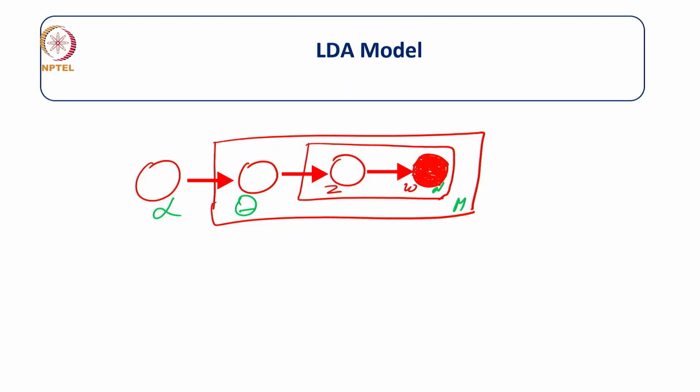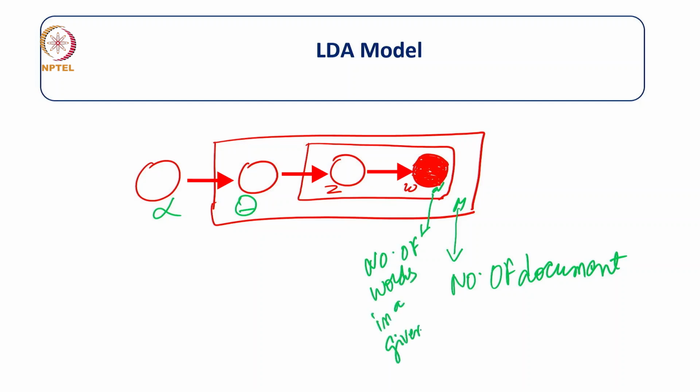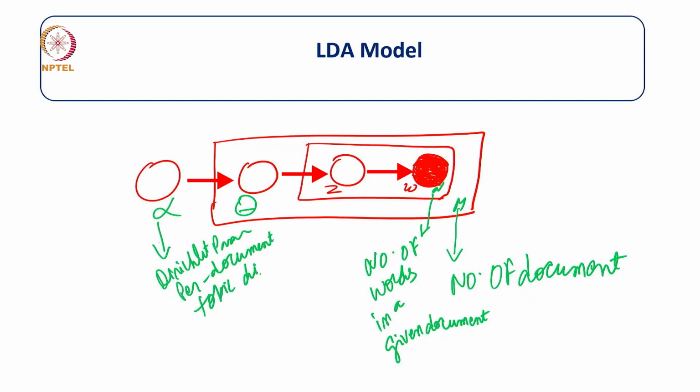Okay, so let us now briefly see the LDA model. In the LDA model, we have this number of documents, then N is the number of words in a given document, then alpha is the Dirichlet parameter, that is the per-document topic distribution, and theta is the topic distribution for a document.